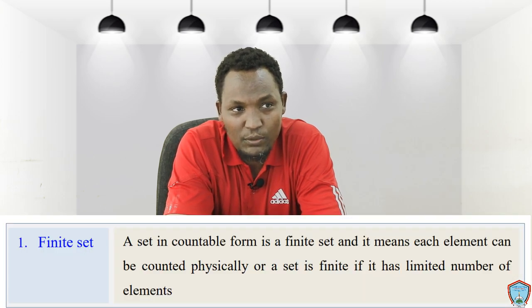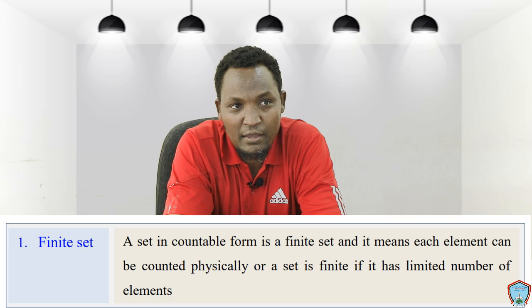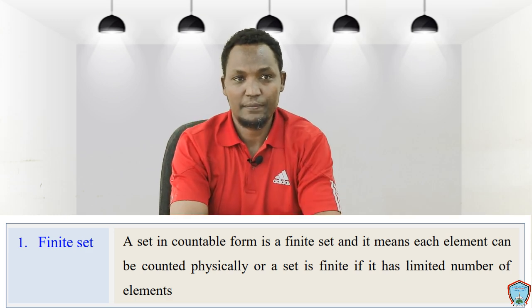statistics, and computer science. We begin by exploring the different types of sets based on the number of elements they contain. The first type is a finite set. A finite set contains a limited and countable number of elements.